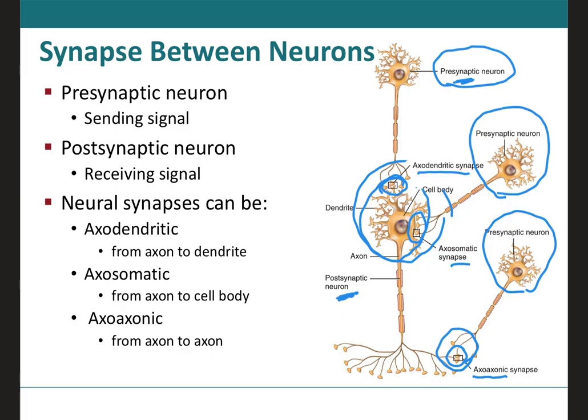But all of them will start with an axon because that's where the information traveling through that presynaptic neuron will end to be able to pass on to the next neuron. And most neurosynapses are either axodendritic or axosomatic. Very few are going to be axoaxonic.